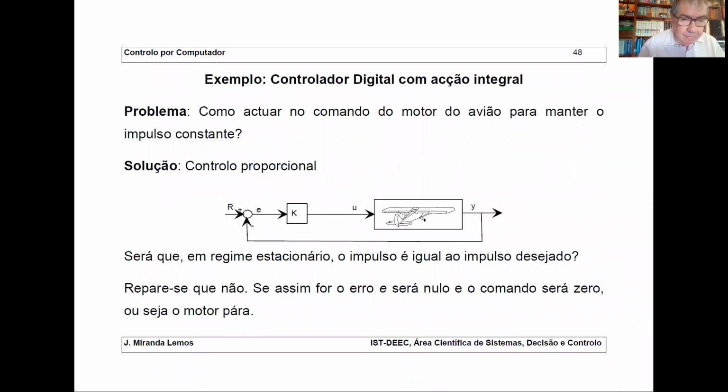And now my question is: suppose that you want to control the impulse that you are giving to an aircraft. Okay, so you have a command to a motor, and this motor generates some impulse, and you want to keep it constant.